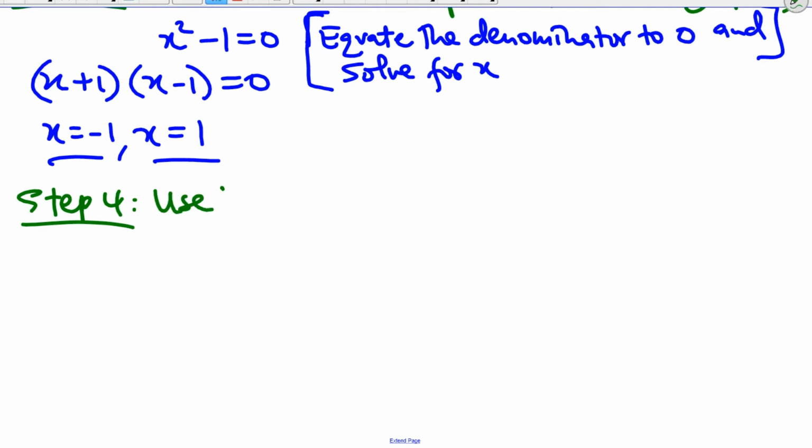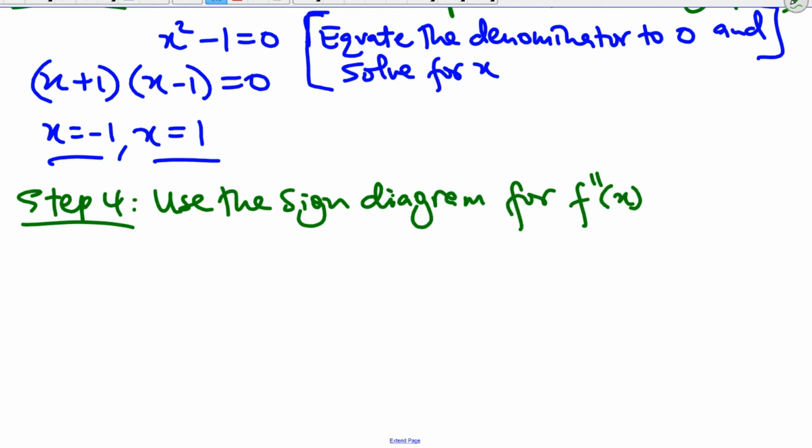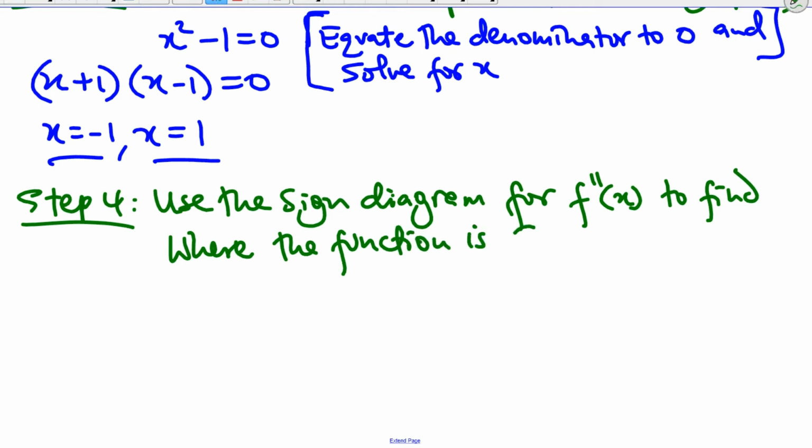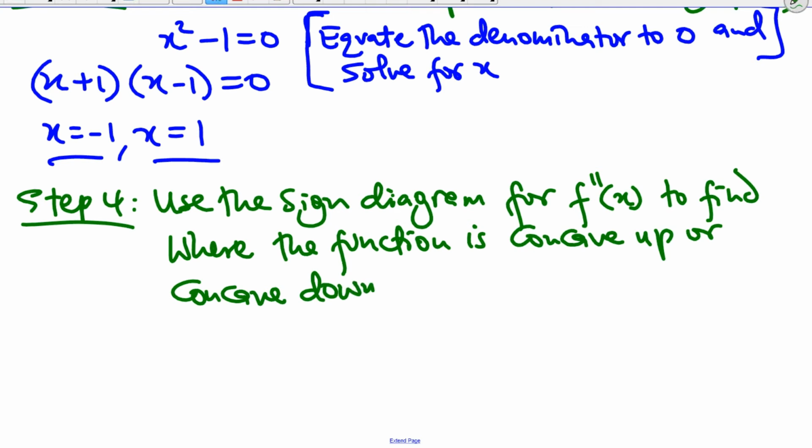So which means we need to draw a sign diagram and find where the function is concave up or concave down.